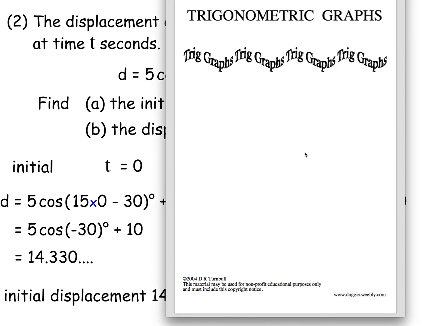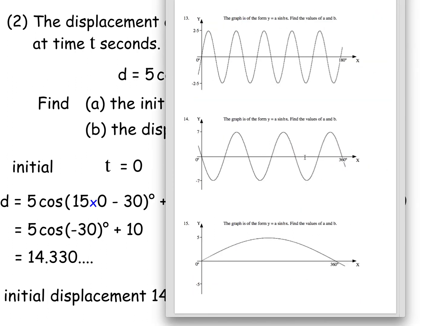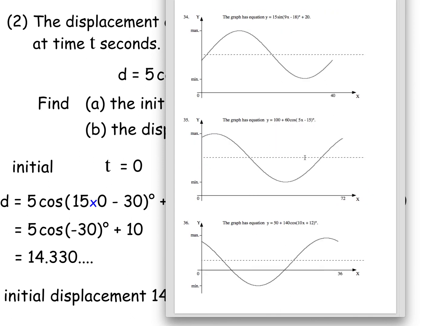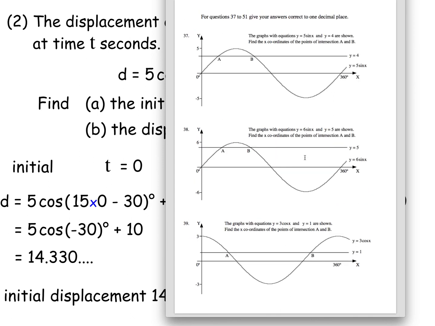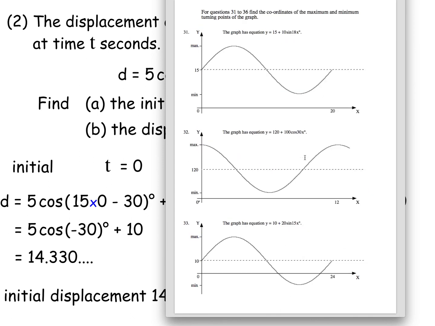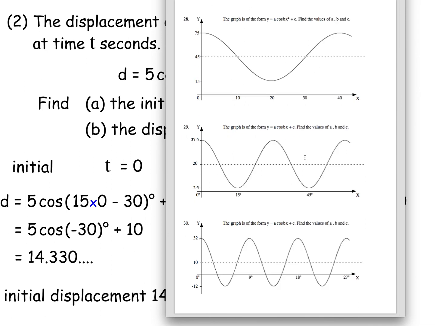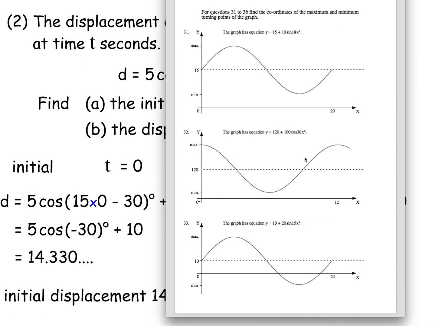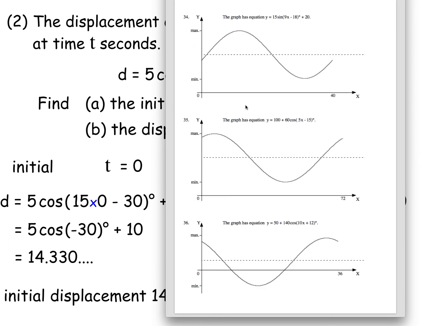This has been used for trig graphs. So when you look through the questions there, there's some really hard questions at the end, but this part here, from 31 through to 36, is about maximum minimum values. The answers are at the back.